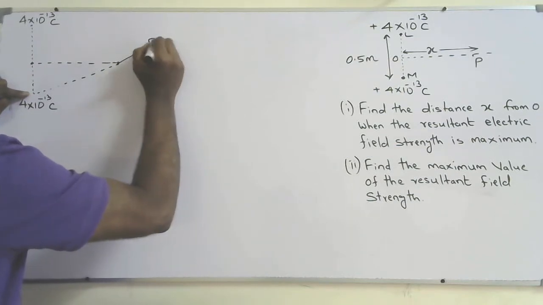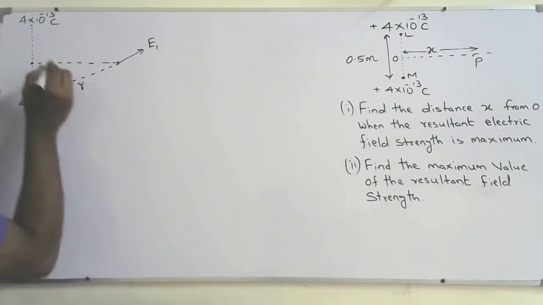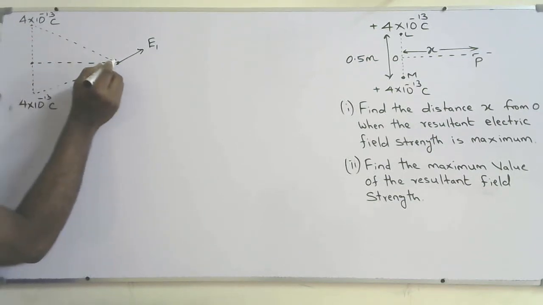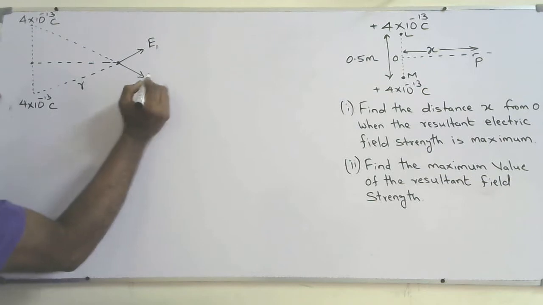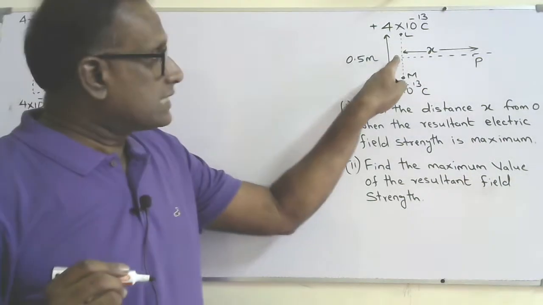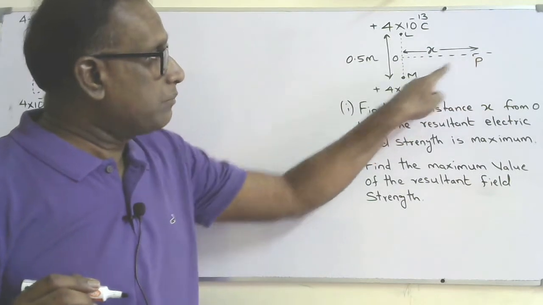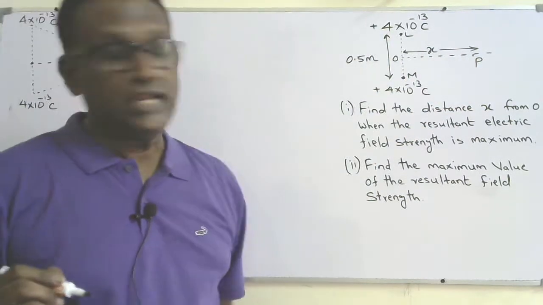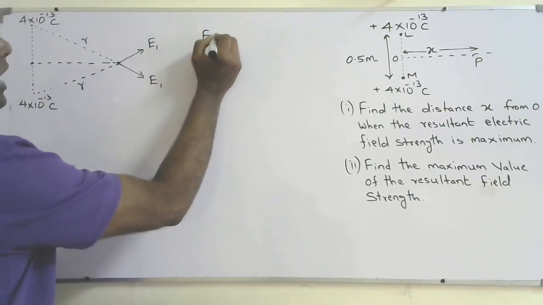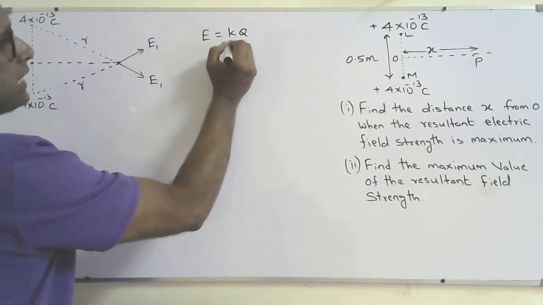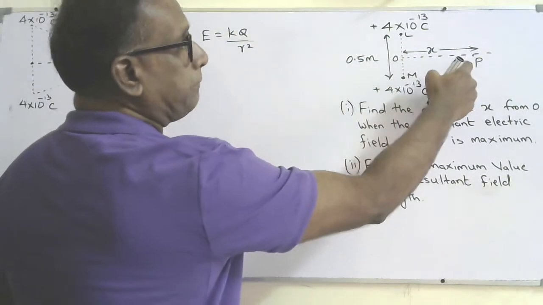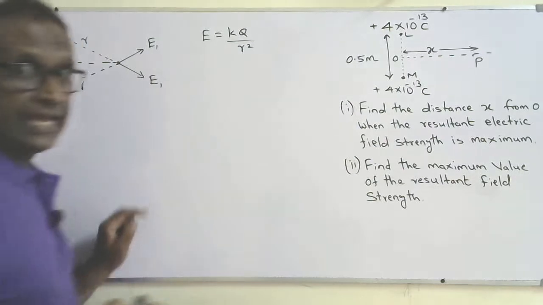I can call it E1, and the distance is R. In the same way, the electric field strength due to the other charge at this point will be along this direction, and it has the same magnitude because O is the center, so P is at the same distance from M and L. We know that the electric field strength is given by E equals KQ over R squared, where both charges have the same magnitude and the distances MP and LP are the same.